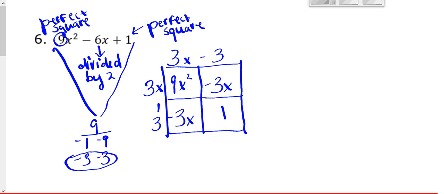So this one actually cannot be factored. I made a mistake on my key on Canvas that needs to be fixed.